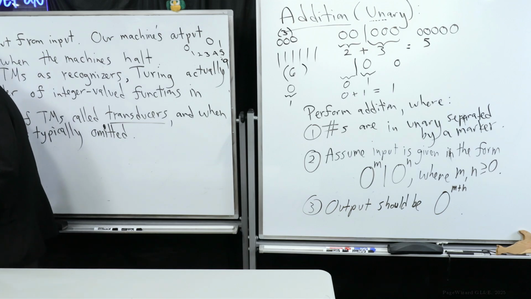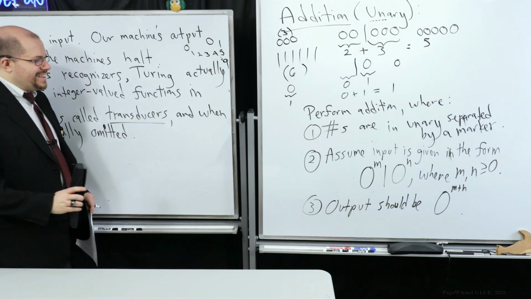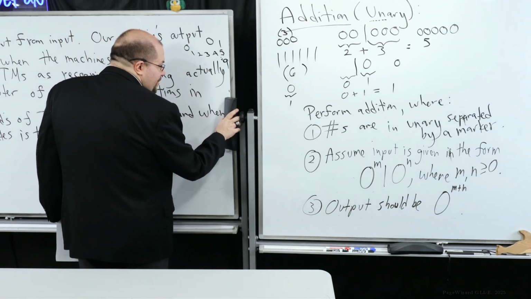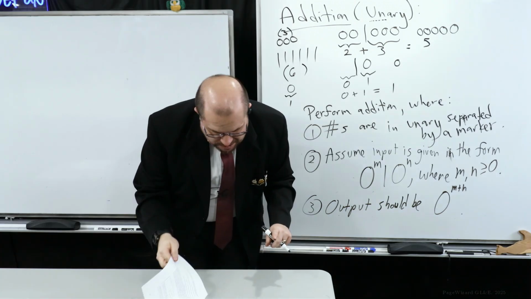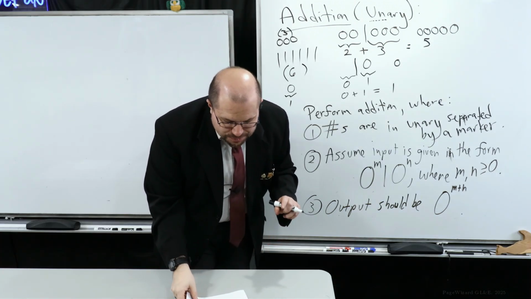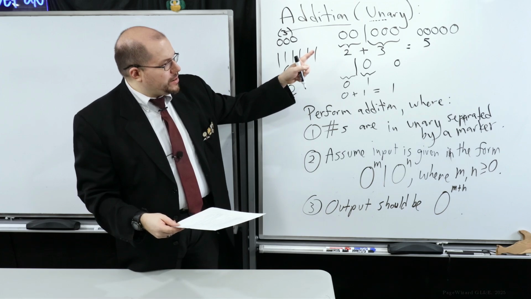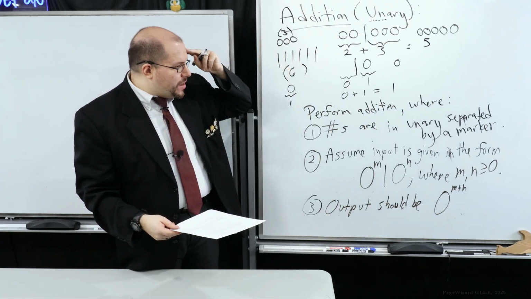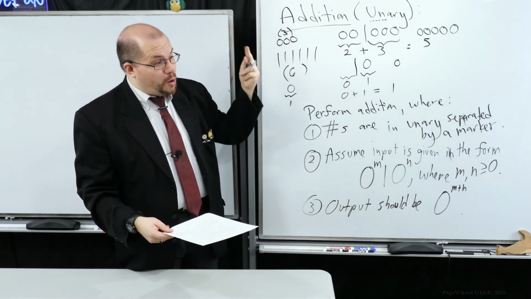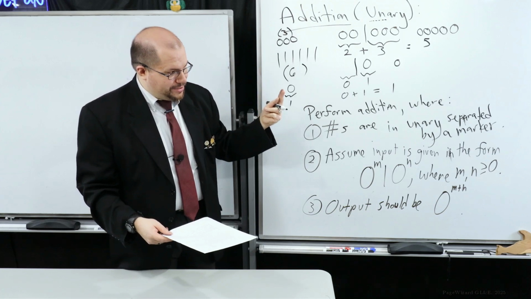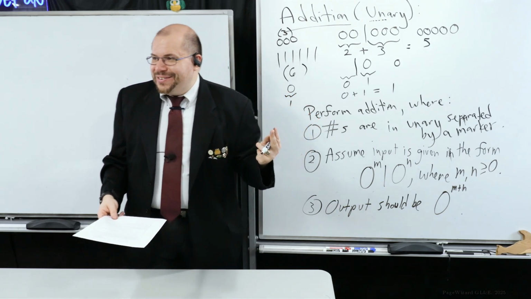Boom. So now we have to come up with the machine. The one main idea is we want to get rid of that separator. But there are a lot of ways we could do this, and if we do it the wrong way, we're going to get the wrong answer. So we have to be careful.